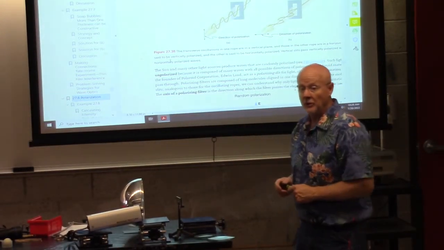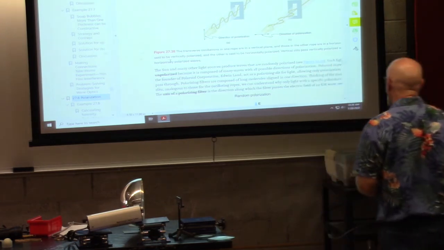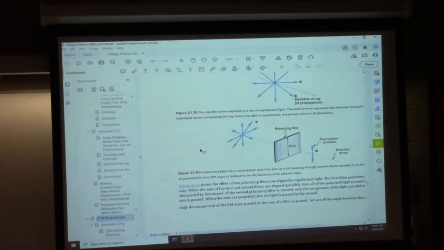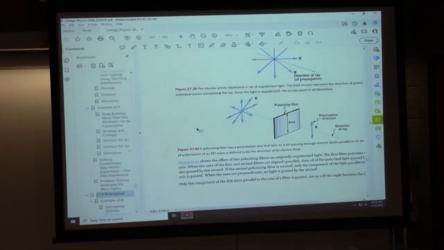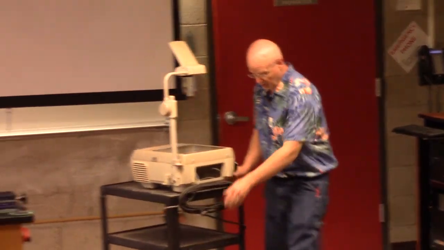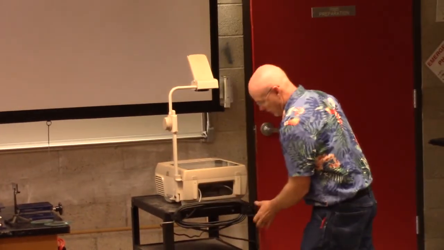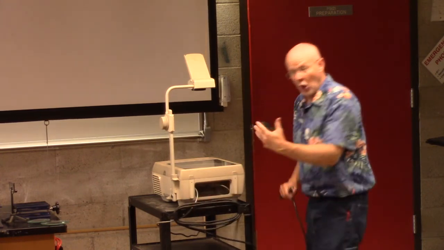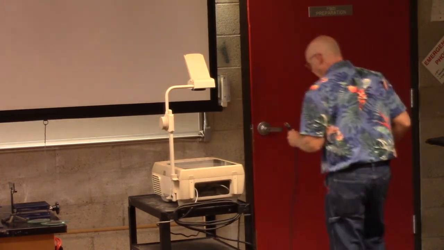Now, that same analogy works really well then for light waves. And so you could see it a little better. I'm going to take just a random light bulb, and so I'm going to use this old school overhead here.